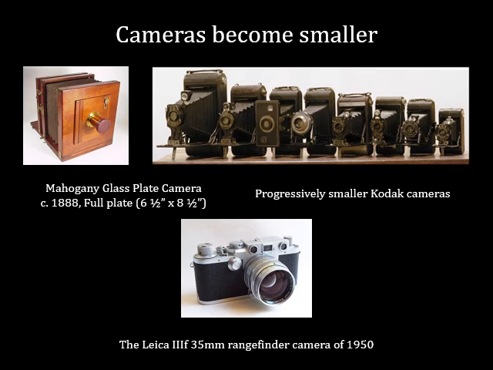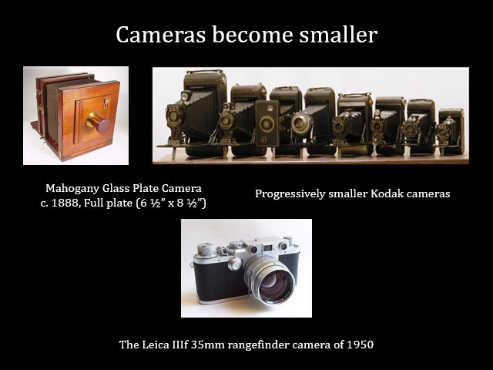And then next to that, the Kodak cameras, where film is in roll form that you would load into these. So much more portable and easier to use. Plus, you also have the ability to take multiple pictures as opposed to the glass plate camera, just taking one image at a time.